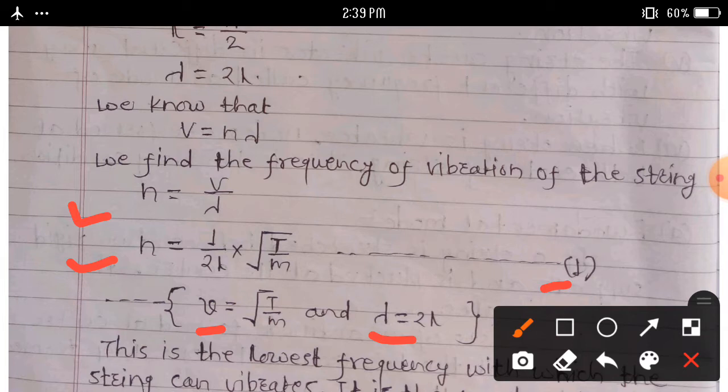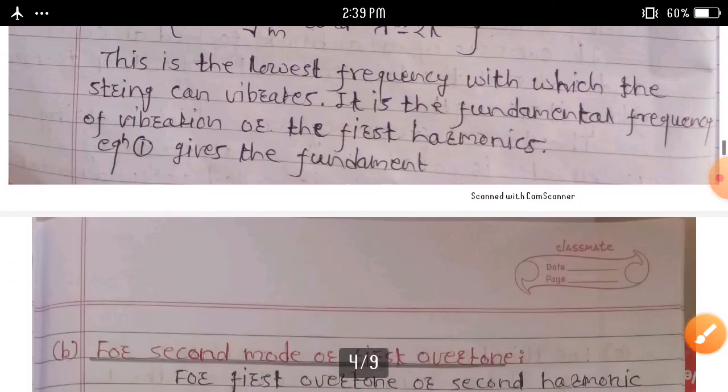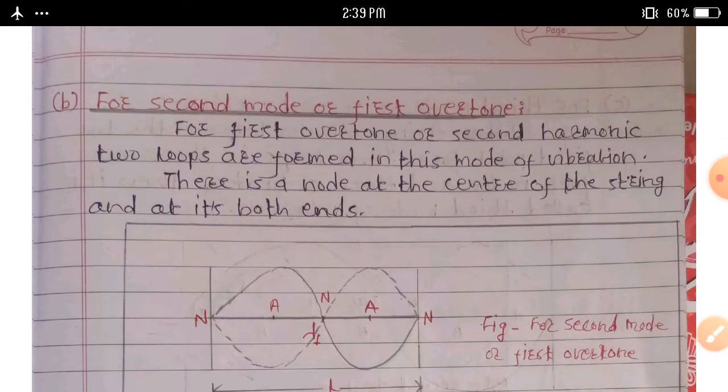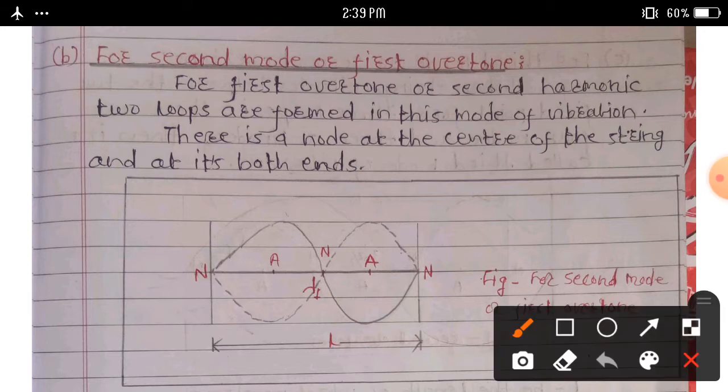Then we consider another mode of vibration, the second mode or first overtone. See this diagram. For the first overtone, or second harmonic, two loops are formed in this mode of vibration.